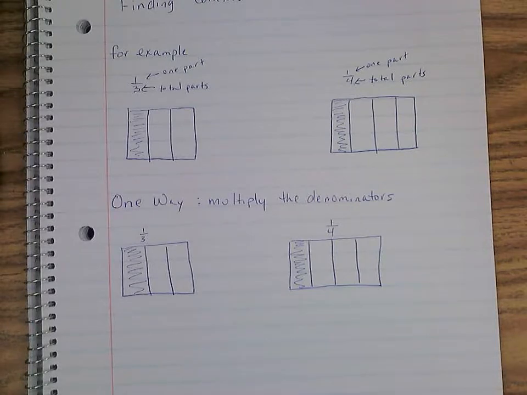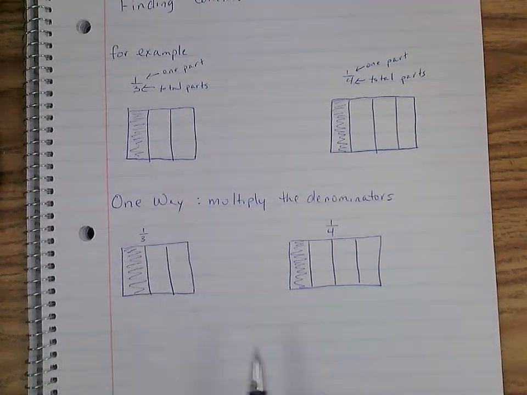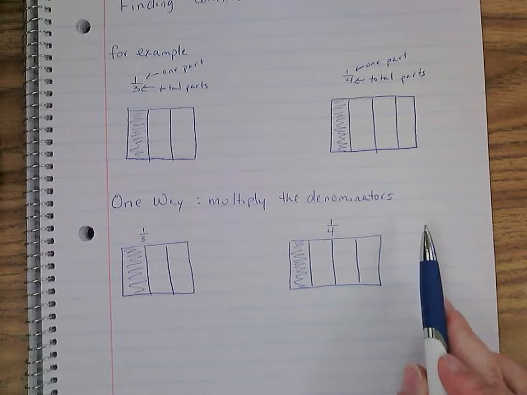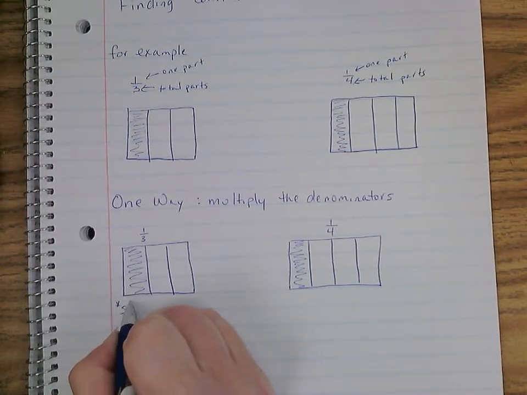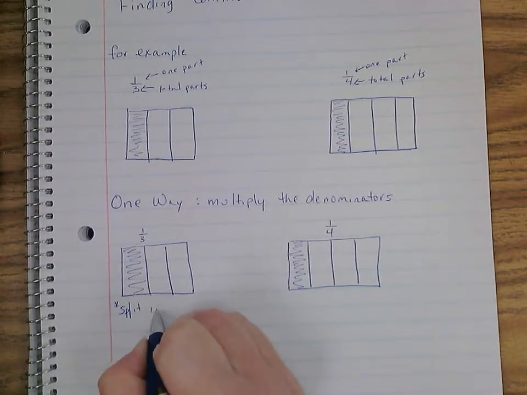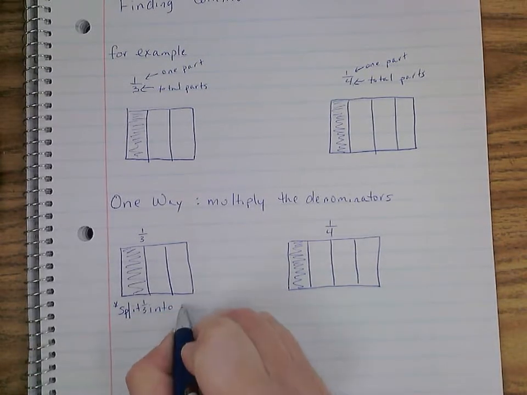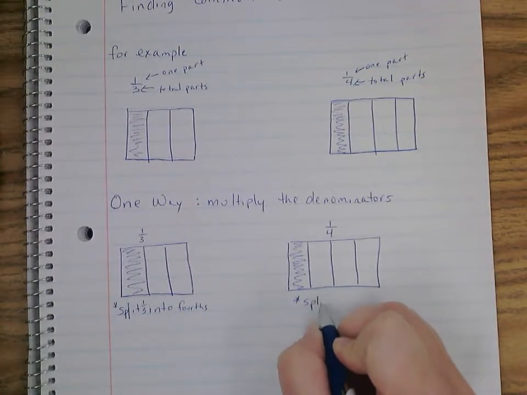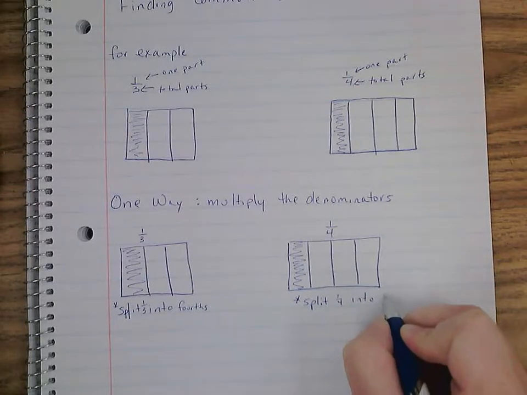So what we're going to do is we're going to split this third into fourths, and we're going to split this fourth into thirds. So I'm going to go ahead and write that down. We're going to split 1/3 into fourths, and we're going to split 1/4 into thirds.